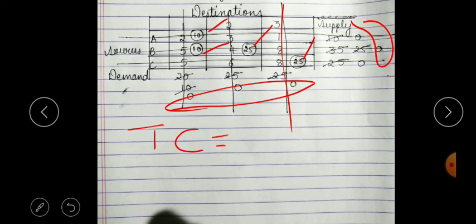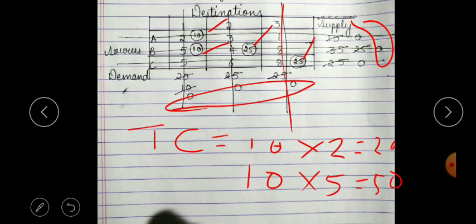So the first one is 10, so 10 into 2 equal to 20. Second allocation is also 10, 10 into 5 equal to 50. Right? 10 into 2, 10 into 5, 4 into 25, and 8 into 25.